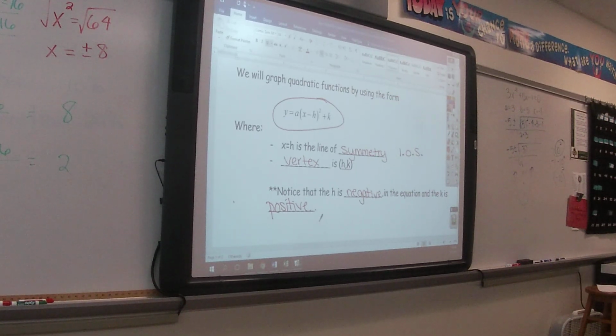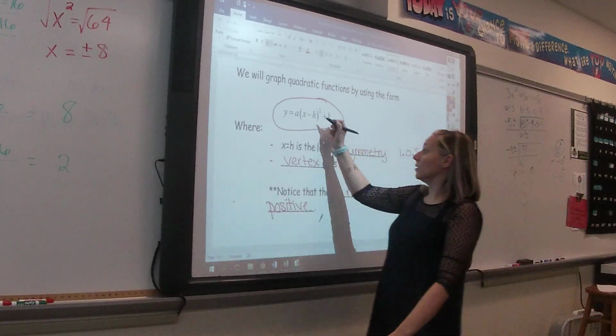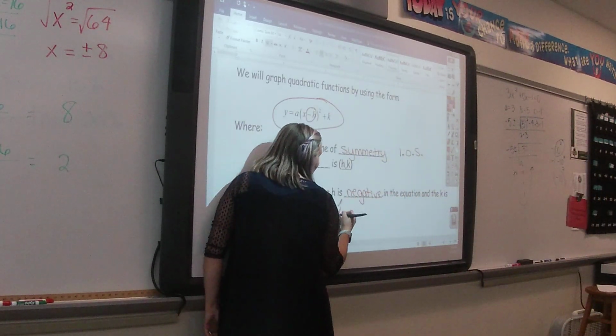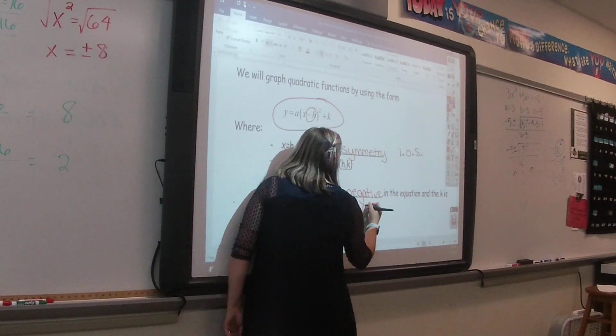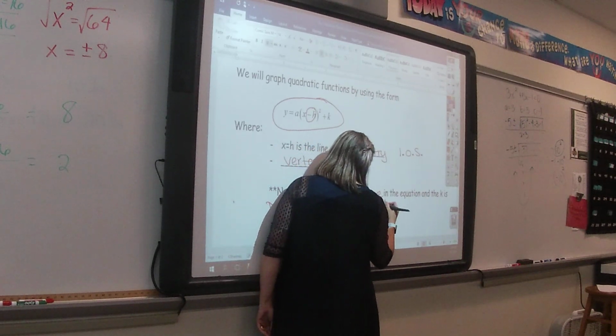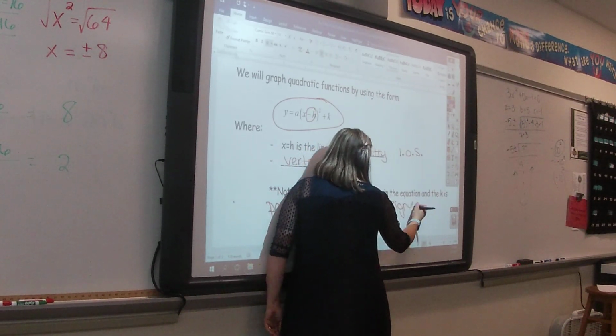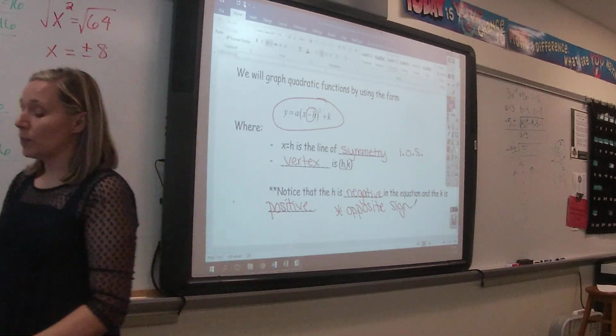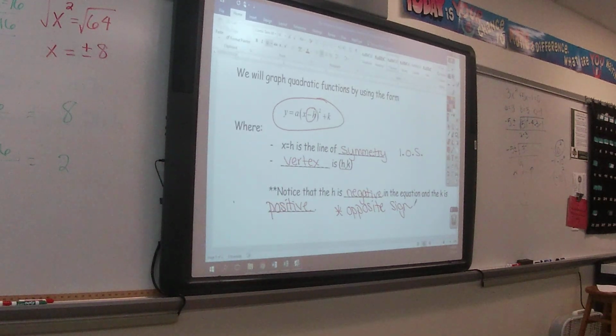We have that same thing going on right here. So when we pull out the h, we are going to have to use the opposite sign. If it looks positive, we will write it down as a negative. If it looks negative, we will write it down as a positive.